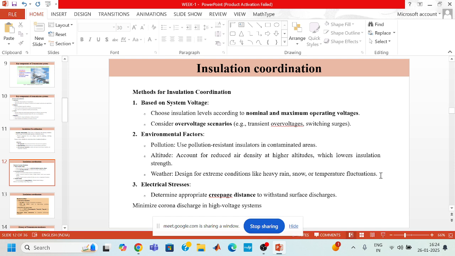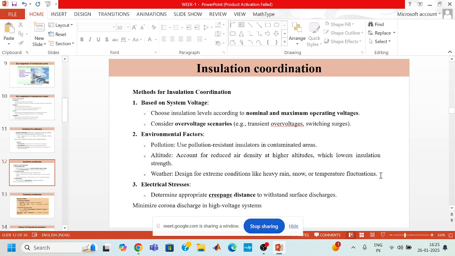If we go to higher altitude areas, where the air density is very low, we use lower insulation strength. According to that we select the insulation coordination, and last is weather. Depending upon extreme weather conditions, like heavy rain somewhere and snow somewhere else, we choose the insulation level.